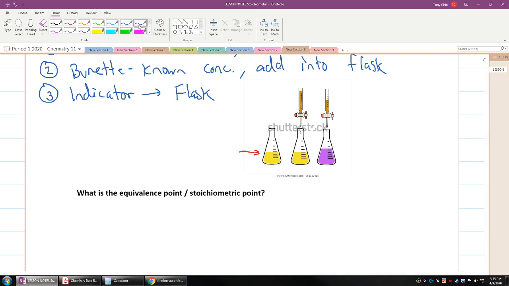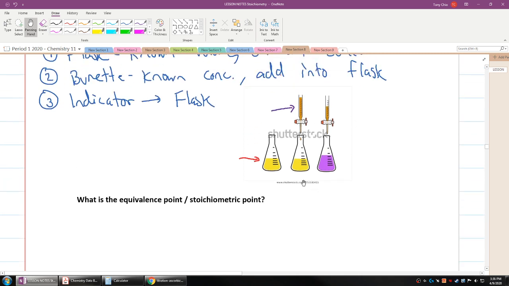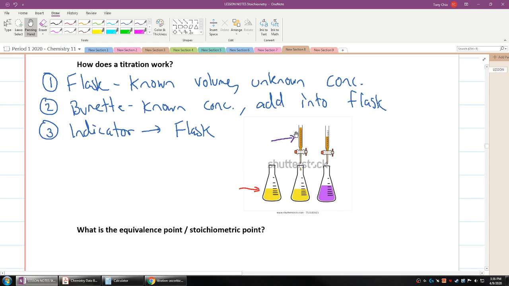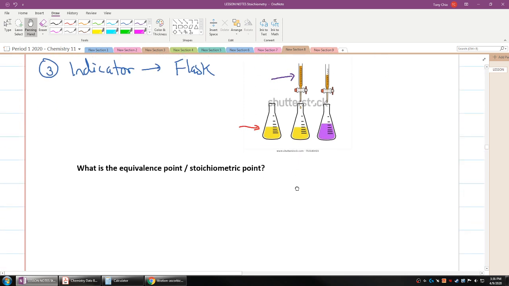You're going to have some known concentration in the burette. And you're going to slowly start to add your substance in the burette into the flask. Eventually, once you add it to a certain point, the indicator will change color, and you've now reached what we call the equivalence point, or a stoichiometric point. Now, if you're still having issues with what this looks like, you could look up a YouTube video of how a titration works, and that usually gives you a lot more detail.